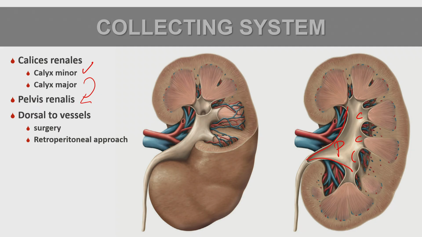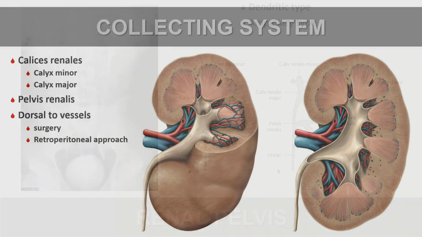The pelvis is localized dorsally from the vascular system, and it is very important for the surgical approach, because surgeons, urologists, perform lumbotomy, a surgical approach through the lumbar region.